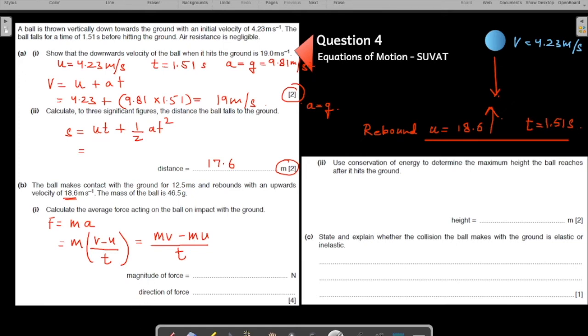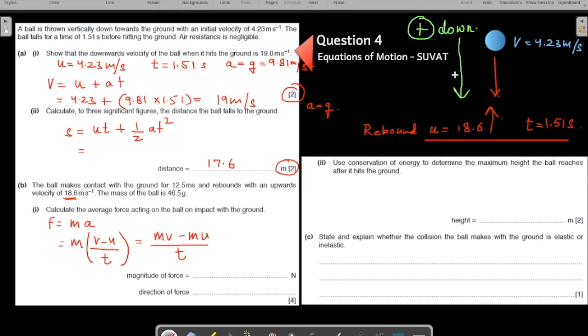Let us substitute the values now. Let us start by taking one of the directions as the positive direction. Because we have been working with the downward direction as positive, let us say that the down direction is positive.